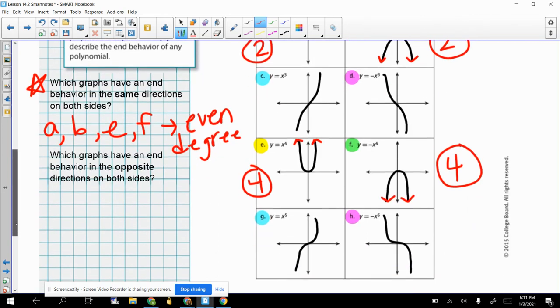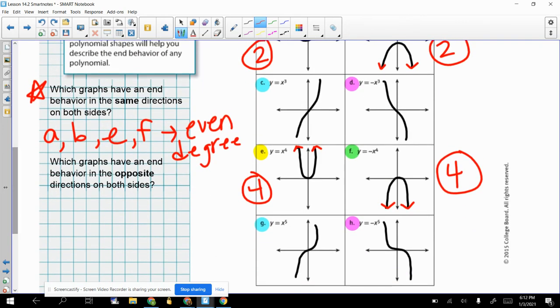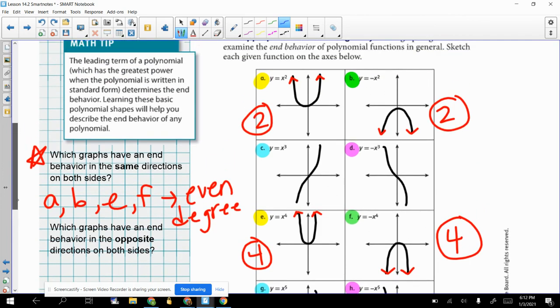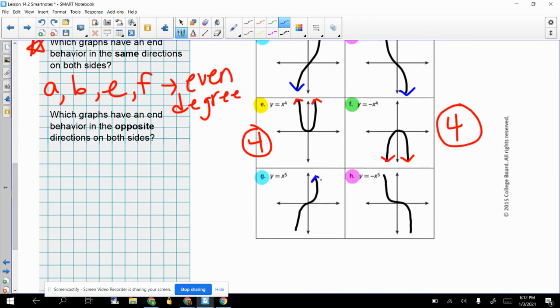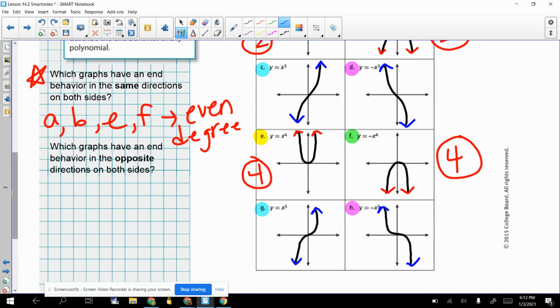Then the next question asks which graphs have an end behavior in the opposite direction. That would be C, one points up, one points down. D, one points up, one points down. And then G, one up, one down, and H, one up, one down.